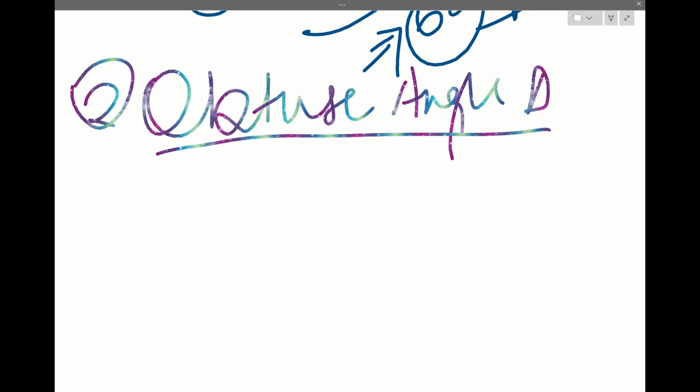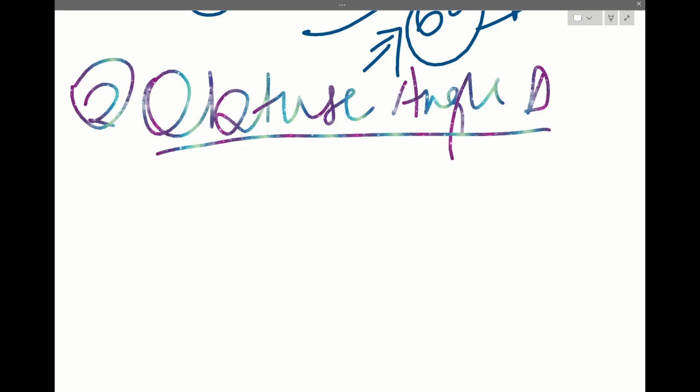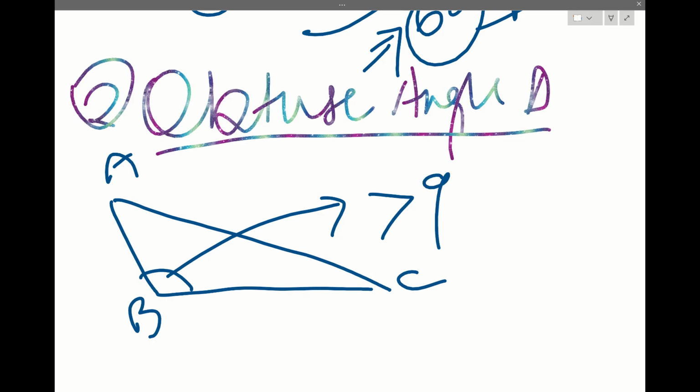In an obtuse angle triangle, one of the angles is greater than 90 degrees. Such a triangle is known as an obtuse angle triangle.